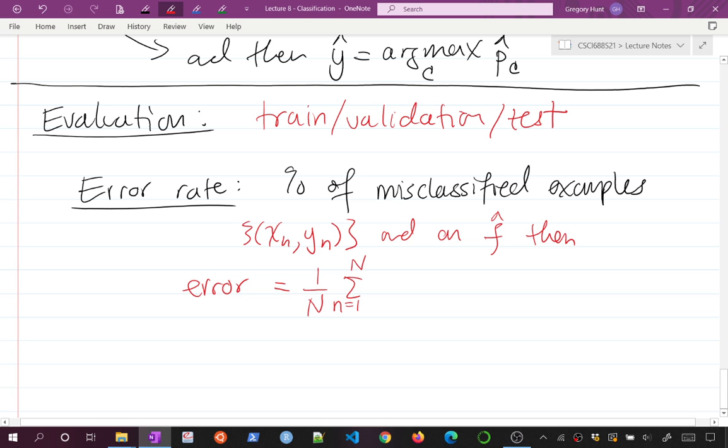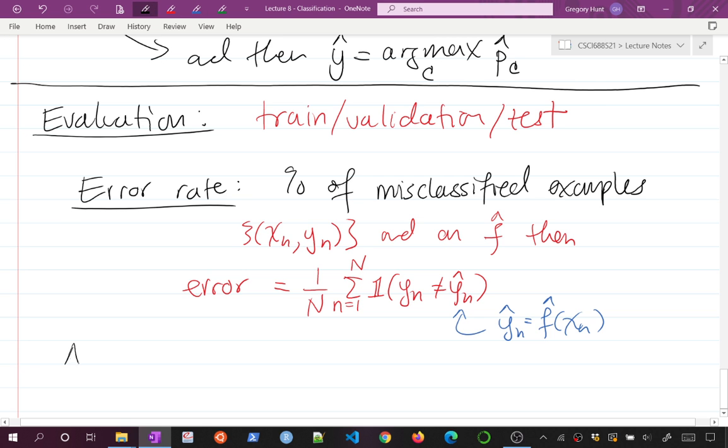So everyone knows that fact that the mean of a bunch of 0 and 1 things is just a percentage, right? It's the percentage of ones. And so you could always write percentages as means of indicators. So my error rate is the percentage of yn hats that don't match the true yn. Here my yn hat is my f hat of xn. That's a mathy way of writing it if you want.